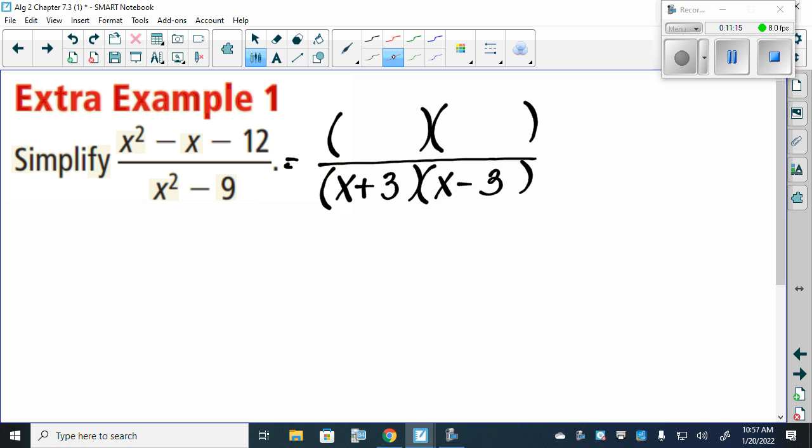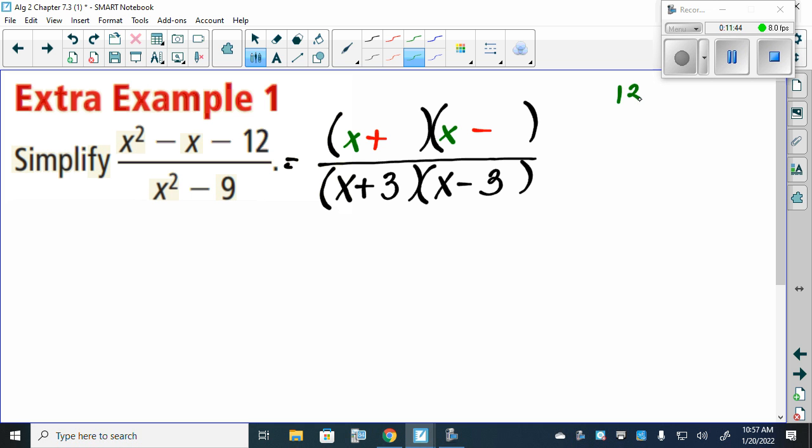Now we do need to factor the numerator, x squared minus x minus 12. Since the 12 is negative, our signs would be opposite, positive and negative, because if the third term is negative, our signs are opposite. If the third term is positive, the signs are the same and they match the sign of the middle term. Now the factors of x squared are x and x.